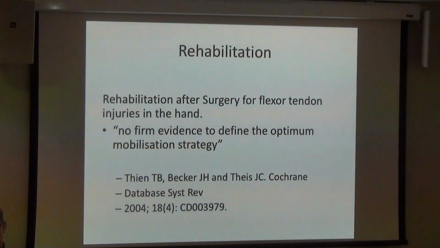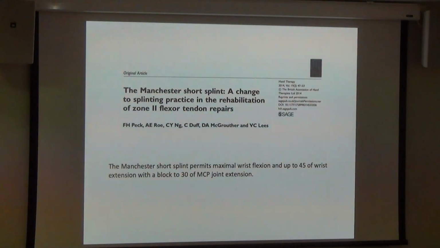This just shows that a huge Cochrane review has looked at this. There isn't one that's clearly better than the other. However, I will point you towards the Manchester protocols. Now, again, that's because I was CY's fellow, and so you kind of absorb everything that your mentor, your fellowship, has done.